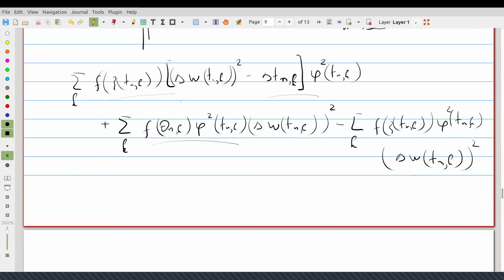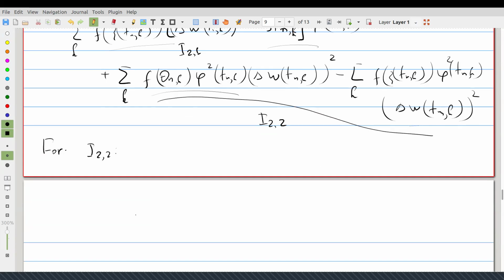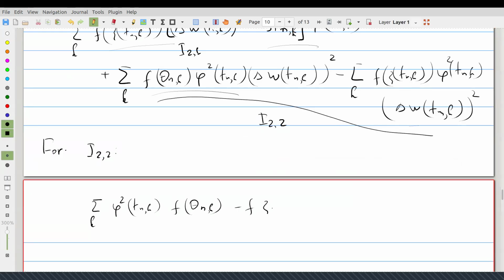I will denote this first one, and this and this sum is 2, 2. So for this, it is simpler. I think we have the sum over k of phi squared t n k, f of theta n k minus f of psi t n k, delta w t n k squared.